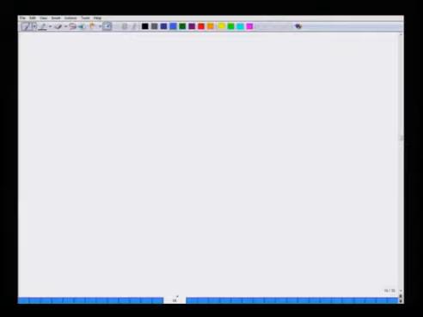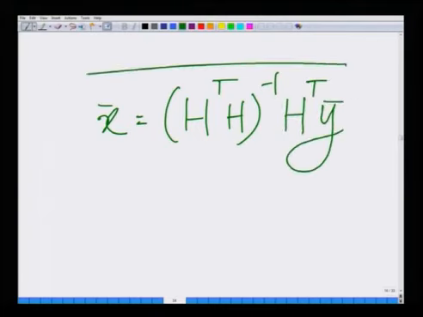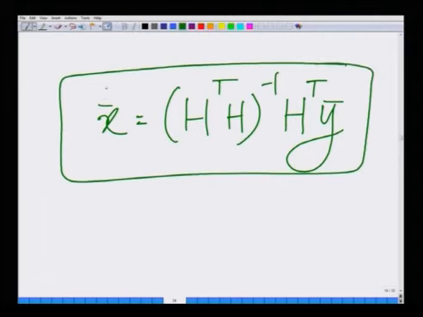Hence, as a result we will get x bar equals H transpose H inverse H transpose y bar, and this is nothing but the estimate of x. Given H, given the received symbol y, I can estimate x hat as H transpose H inverse H transpose y.